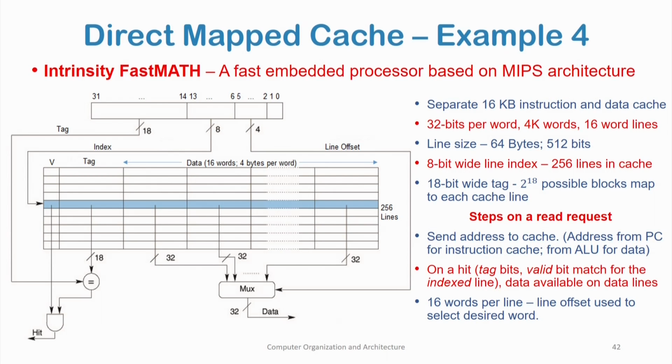This line offset is used as a selector in a 16 cross 1 mux, and we have a 4-bit line offset because we have 16 words in a line. Based on this selection from the mux, we get the required data.